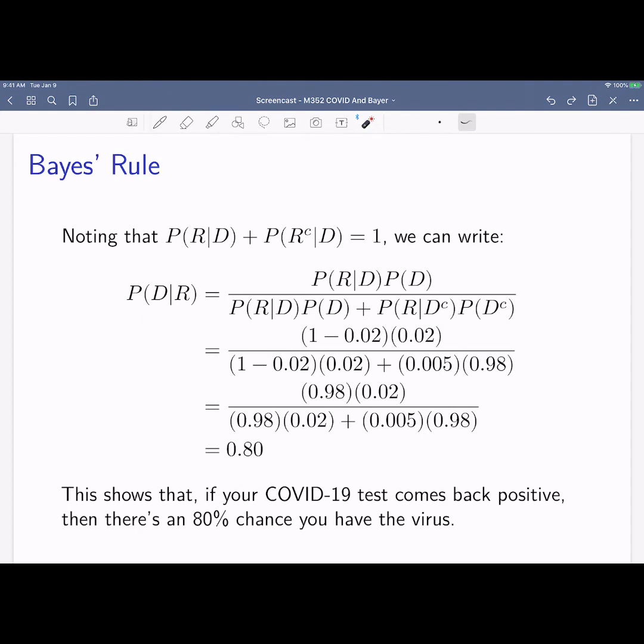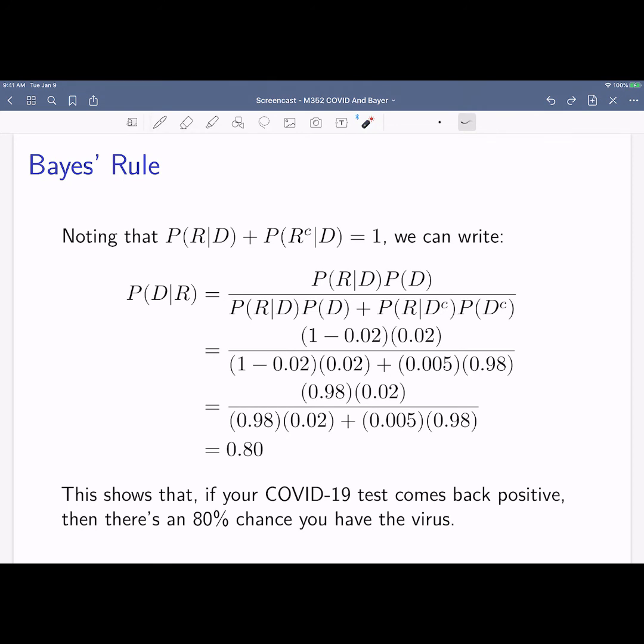Not 100%. The difference between 80% and 100% is pretty big. So our assumptions were conservative. We tried to choose the best possible scenarios. And you can see here that it's not nearly a perfect result. That is, there's still a chance that if you get a positive test back, you don't have the disease.